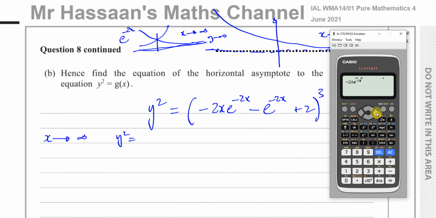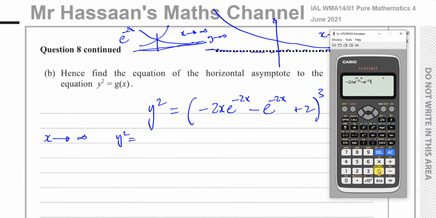Then I'm going to put minus e to the power of minus 2A, and then plus 2. Whoops.